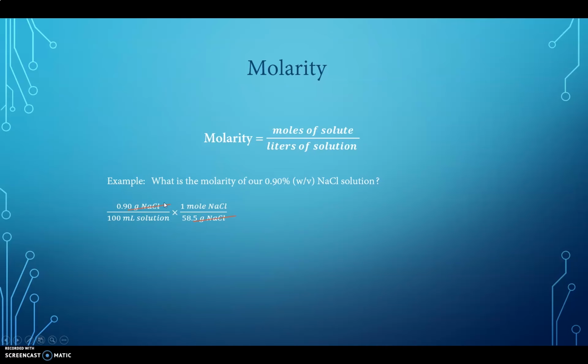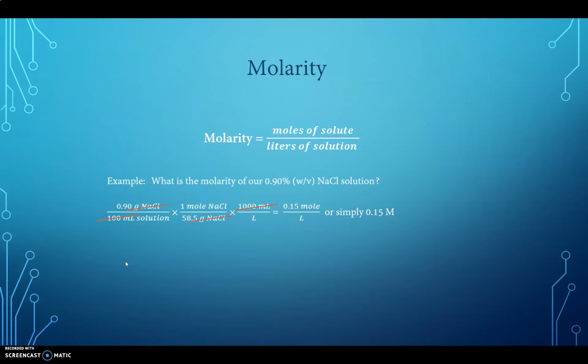The grams of sodium chloride cancel out, and now we're halfway there. We have moles on the top, which we want, but we still need to get liters on the bottom. So we'll add a second conversion here of 1,000 milliliters per liter, and now our milliliters cancel out, and we end up with moles on the top and liters on the bottom, and that gives us moles per liter, or we simply use the capital M, which is an abbreviation for molarity.